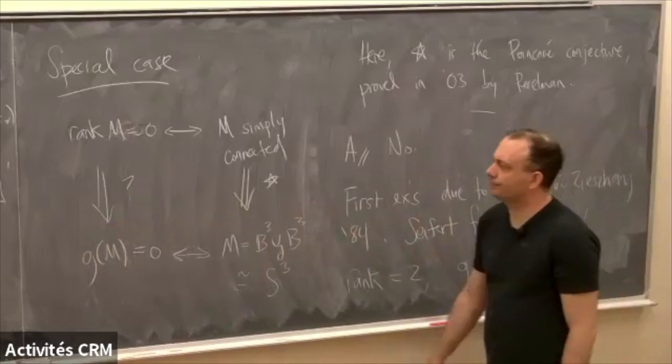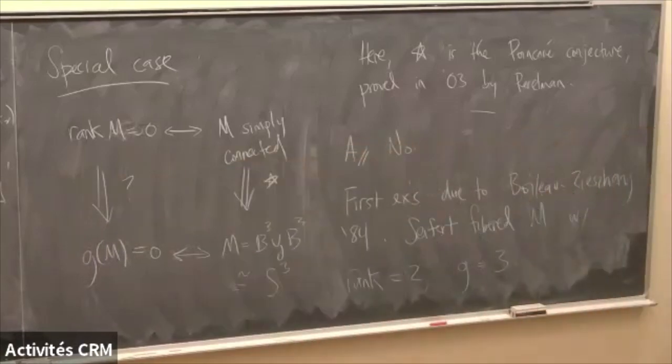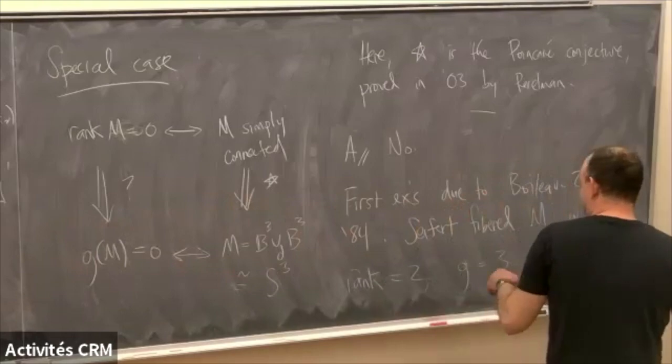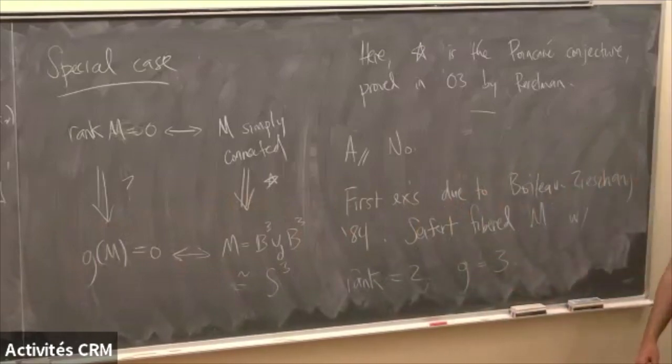I think the point is that they basically tried to calculate the ranks and Heegaard genus for low complexity fiber spaces. I think they show that mostly the ranks and genus are the same, but then there are these two examples.